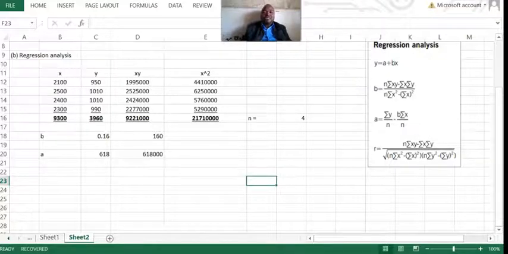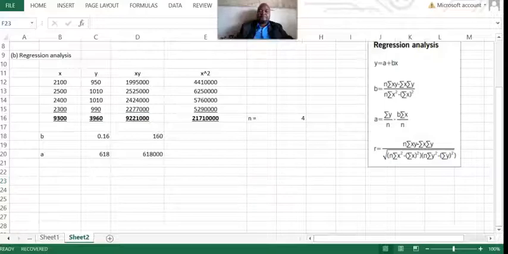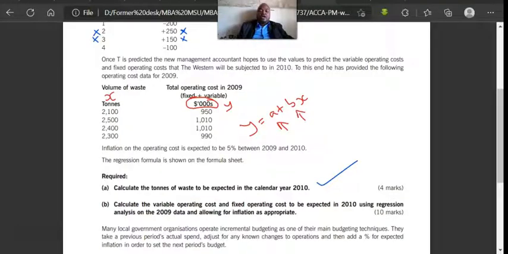So, what does this mean to us? Let us get back to the question again. The question is saying calculate the variable cost, operating cost and fixed operating cost to be expected in 2010 using regression analysis on the 2009 data, and allowing for inflation.